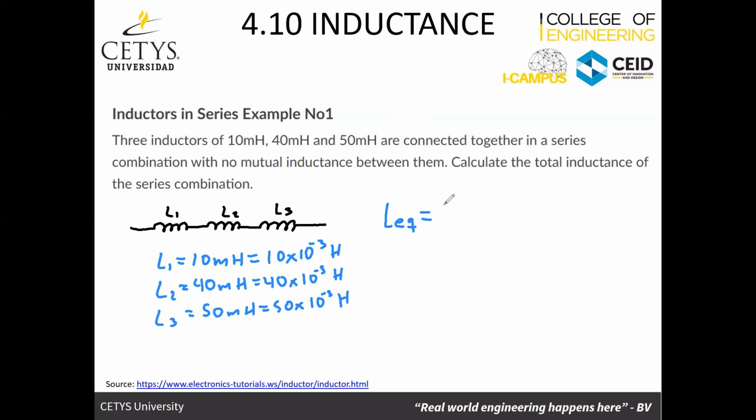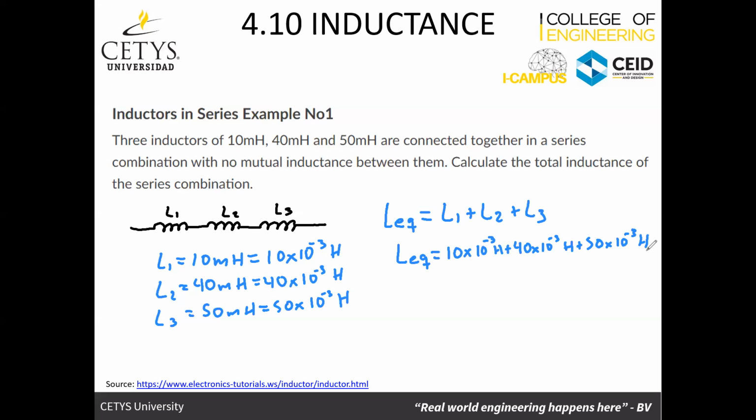The total is going to be L1 plus L2 plus L3. So the equivalent is going to be 10 times 10 to the minus 3 Henrys plus 40 times 10 to the minus 3 Henrys plus 50 times 10 to the minus 3 Henrys.